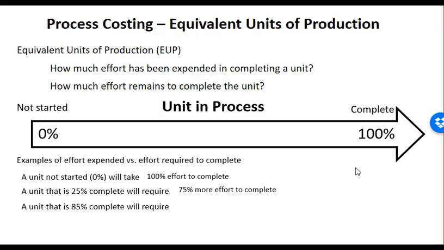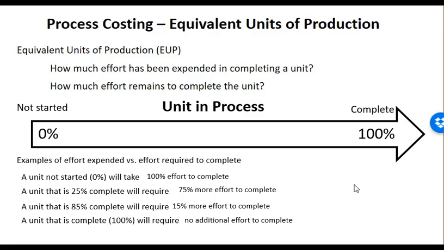Number three, a unit that is 85% complete, over here on the continuum, will require 15% more effort to complete. A unit that is 100% complete will require 0 additional effort to complete. And I can apply this to one unit, or to 50 units or a million units or whatever I want to utilize.